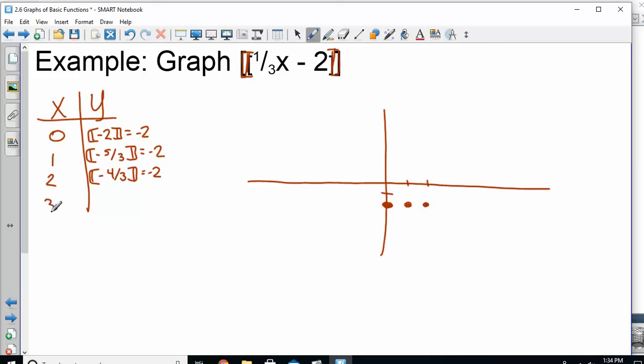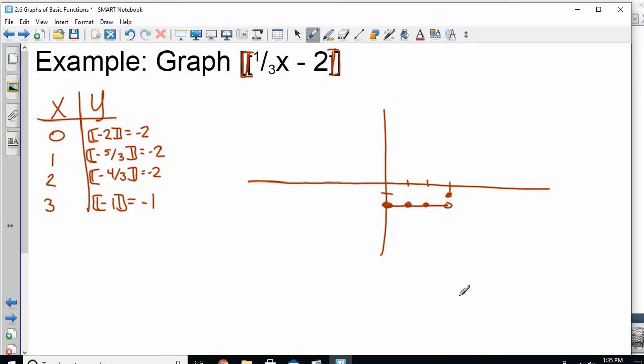What happens if we put in a 3? 1/3 times 3 is 1, minus 2 is -1. Greatest integer of -1 is -1. So I got out that integer exactly. I know that's the beginning of the next step. So at 3 we jump up to -1, so I have to put an open circle below that.